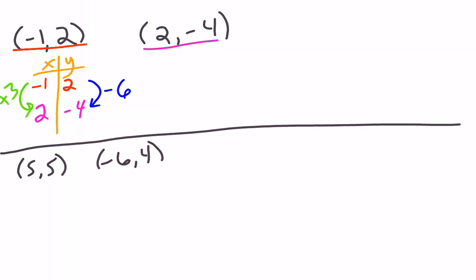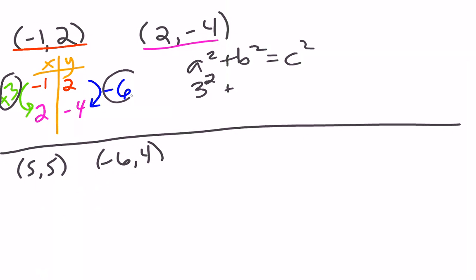Now we're going to use the Pythagorean theorem with those two numbers. You don't have to write it out, but I'm just showing where we're getting this from. The left side says +3, so I'm going to substitute in 3 squared. The right side says -6, but since I'm talking about distance, distance is always positive, so that's going to be a +6 squared.